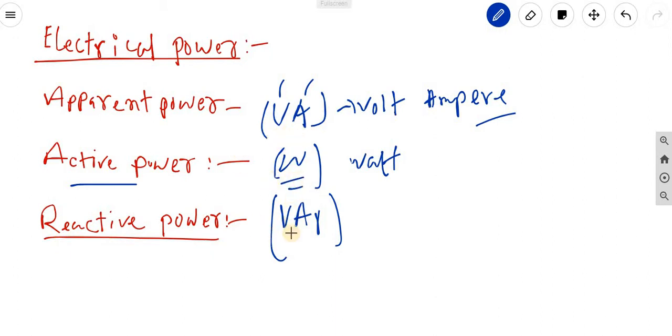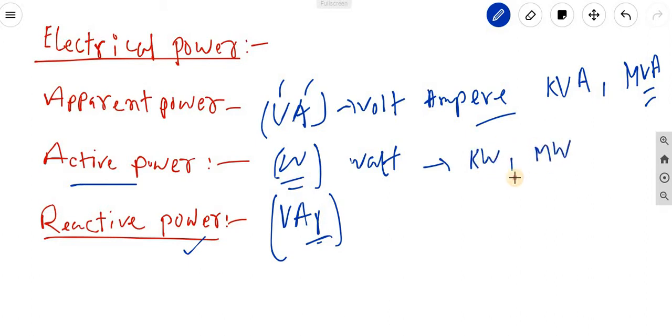VA, W and VAR. VAR means volt ampere reactive. This small r is for the unit of reactive power. In the bigger units, you can present kVA, MVA. And this one you can present kW, MW.